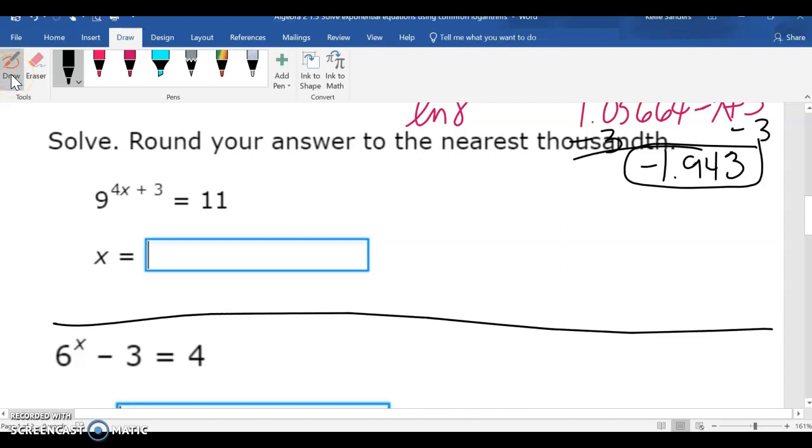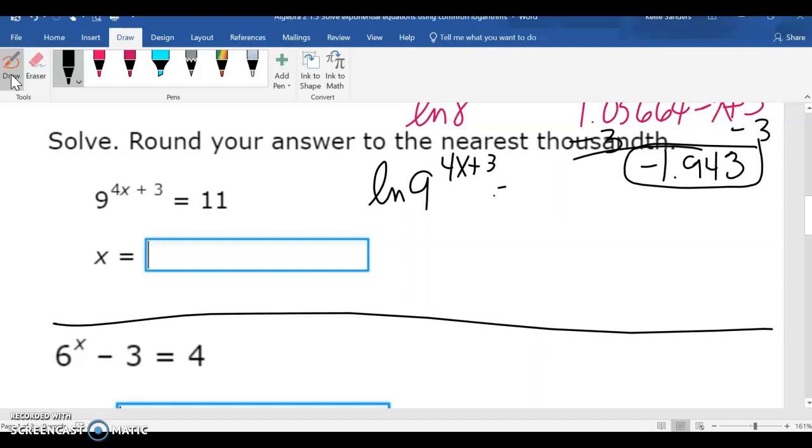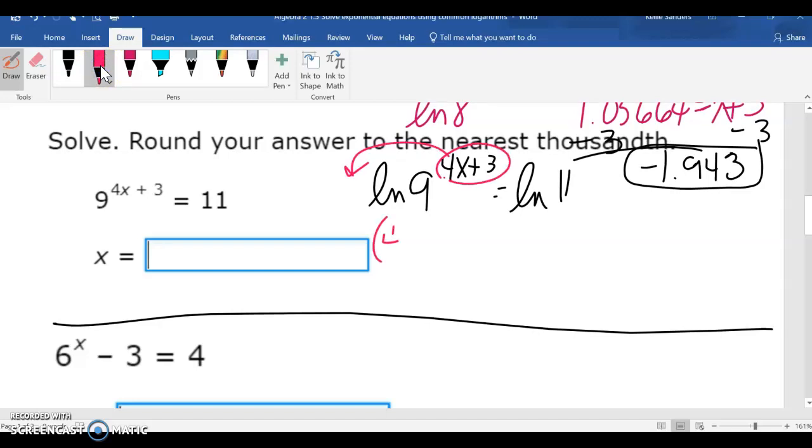So on this one, we're going to do natural log 9, 4x plus 3 equals natural log 11. That's going to allow us to take this down. Because it's a binomial, because there's a plus sign and a minus sign, we want to keep that in parentheses.